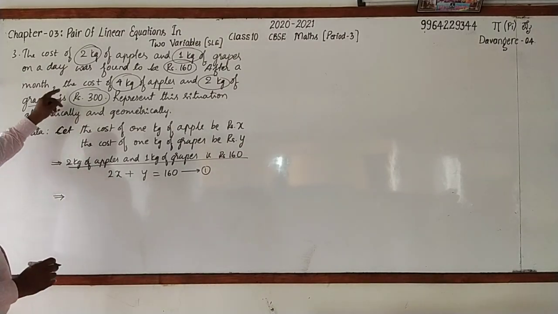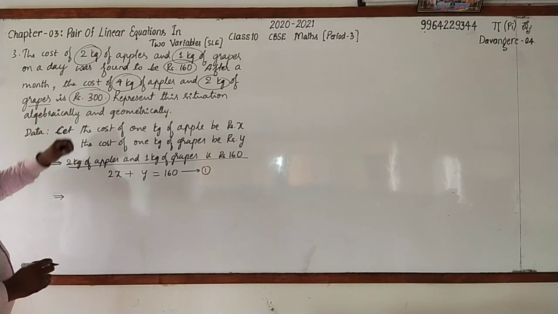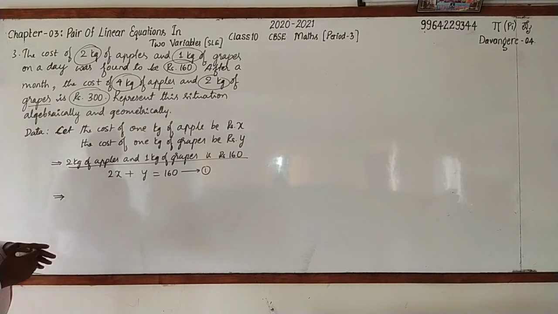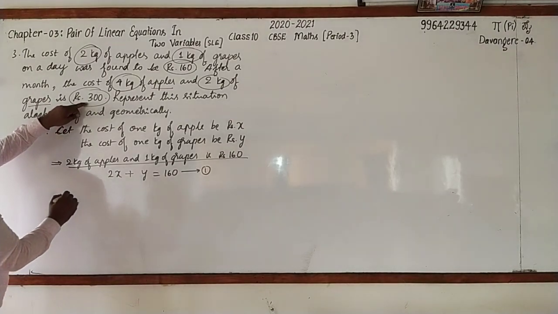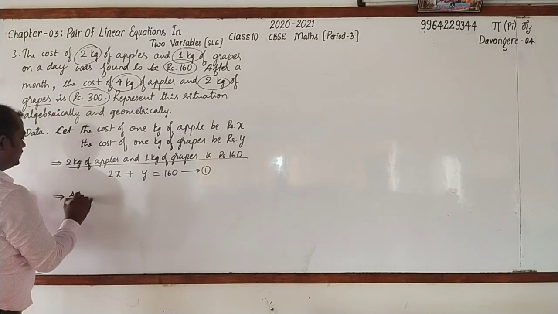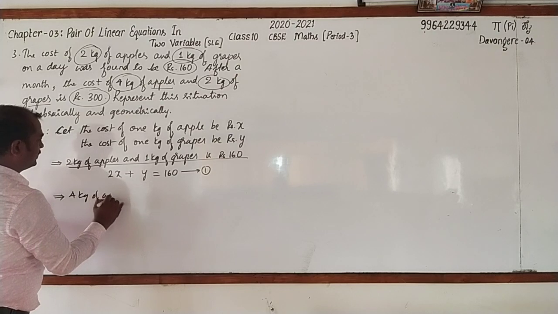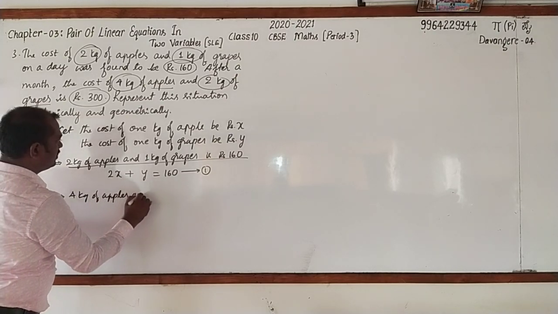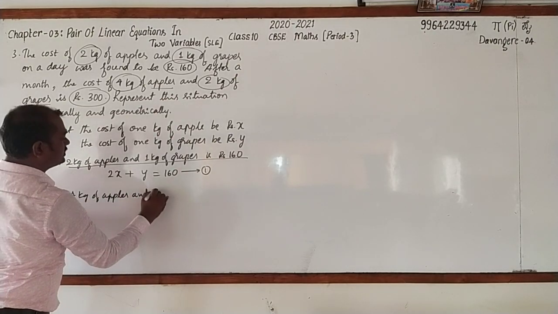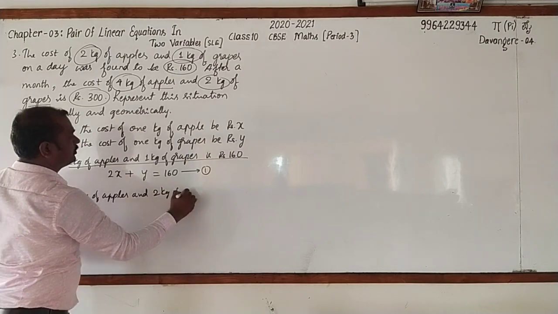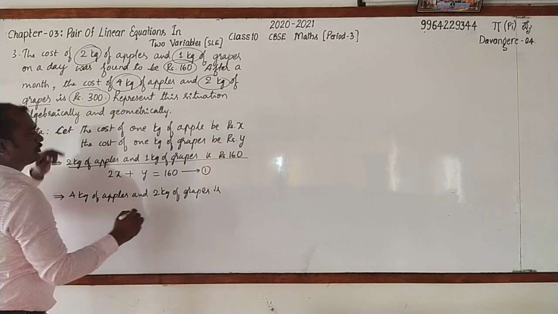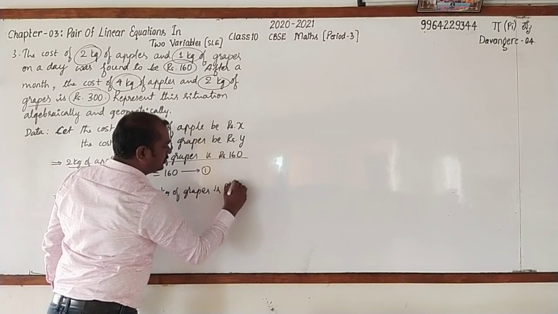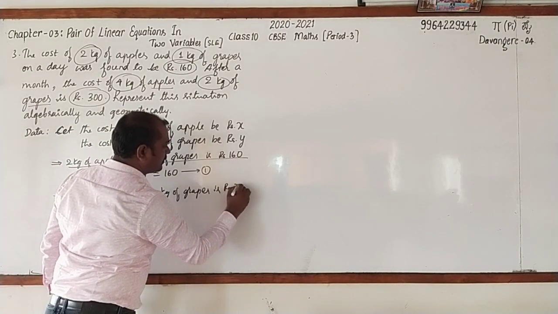Next, we have another situation. In this situation, the cost of 4 kg of apples and 2 kg of grapes is 300. I'll write the same: 4 kg of apples and 2 kg of grapes available for rupees 300. This is the cost.